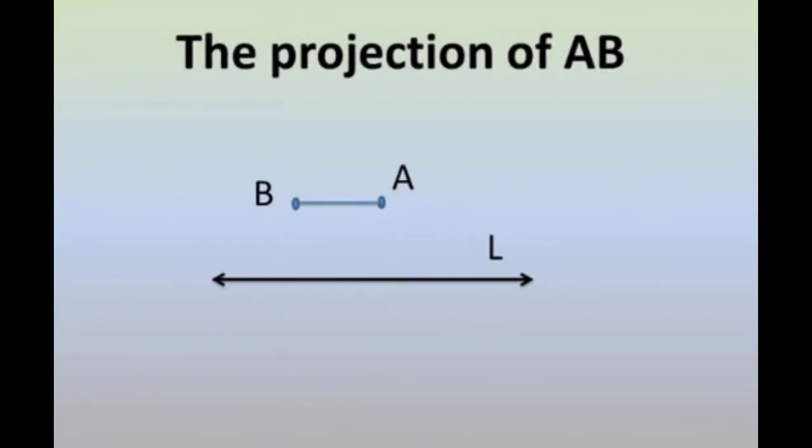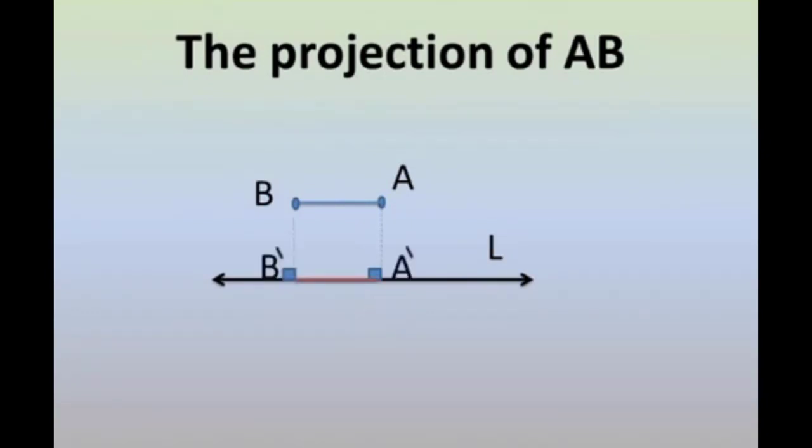Next one, if I have line segment AB parallel to straight line L, the projection of the line segment is determined by the projections of its two terminals. The projection of point A will be A dash, and the projection of point B will be B dash.